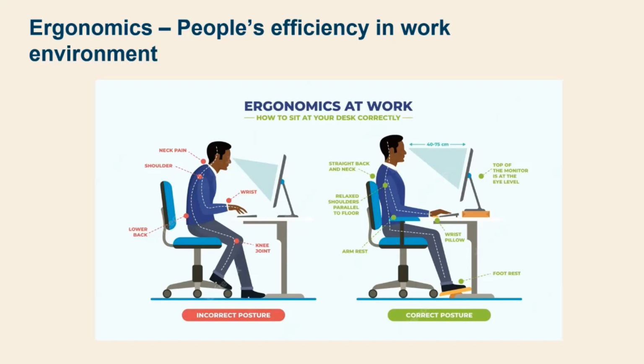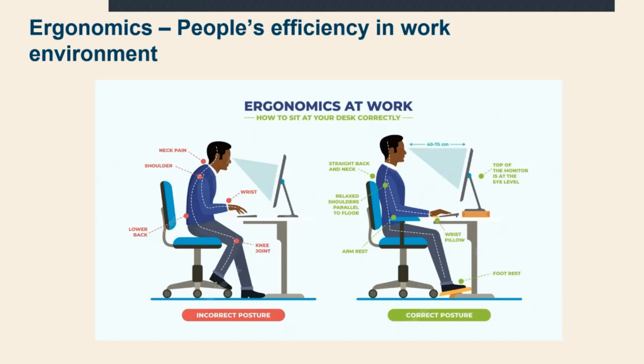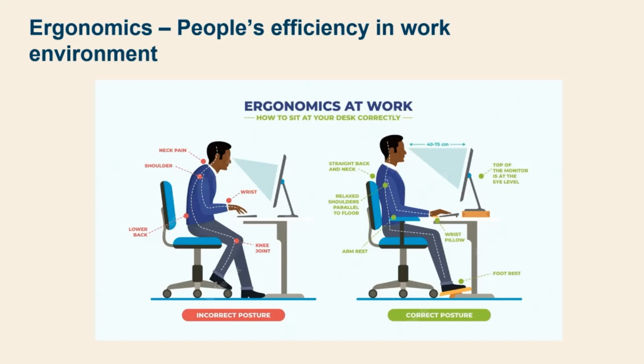And also because of our posture, there will be consequences. So now you can see that towards your right side we have the correct posture, but towards your left side you have the incorrect posture, which will give you more troubles in terms of physical fitness.